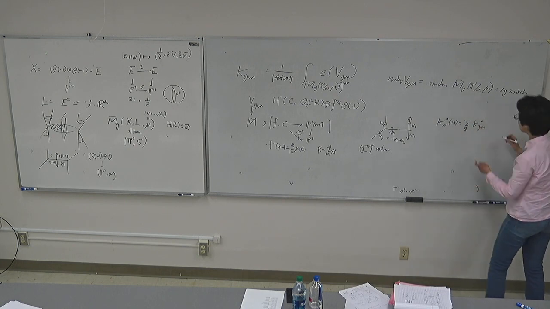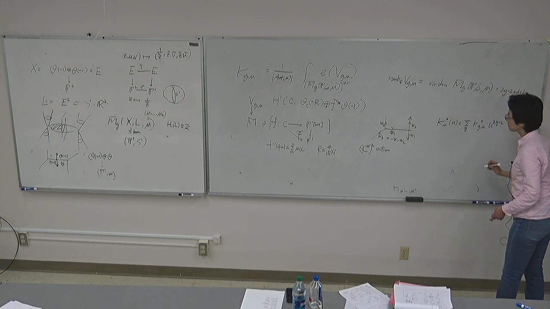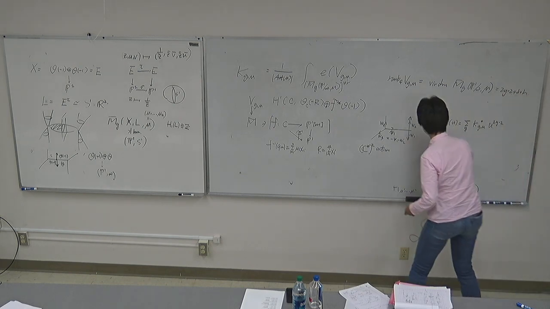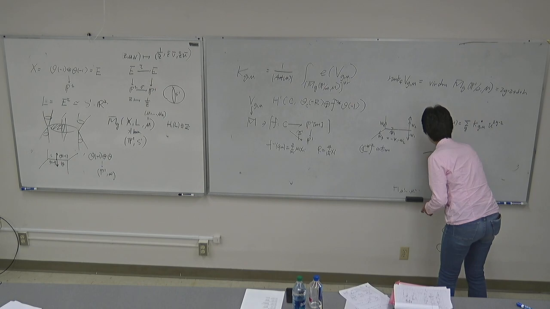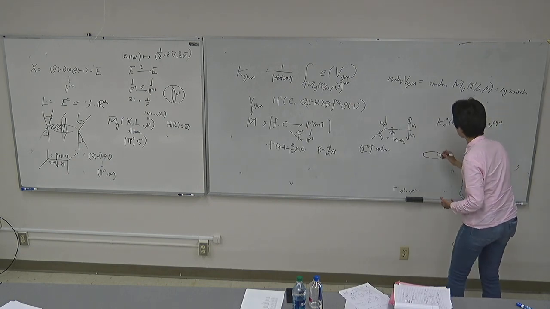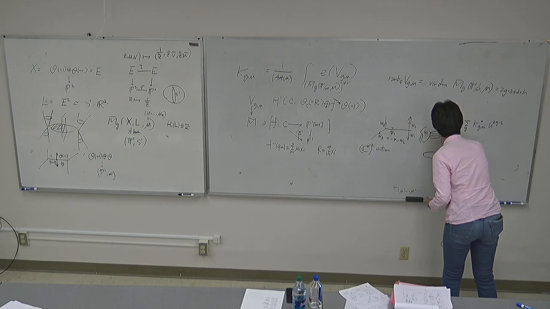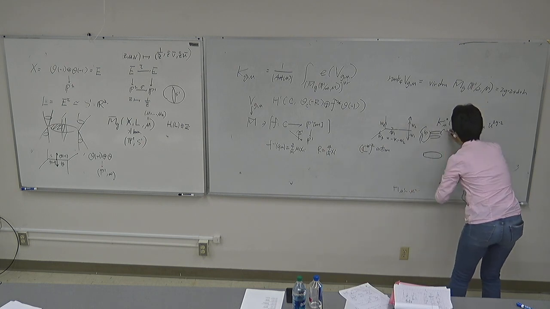Now in this relative setting, you see the fixed locus is the same as in the previous problem. So what happens is you have something here and might have some bubble here.